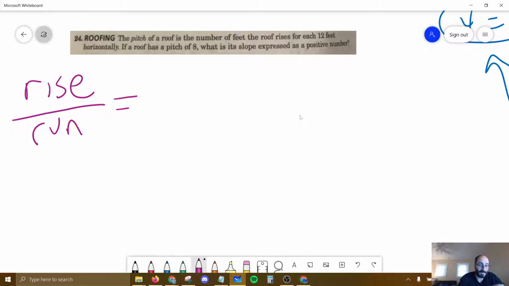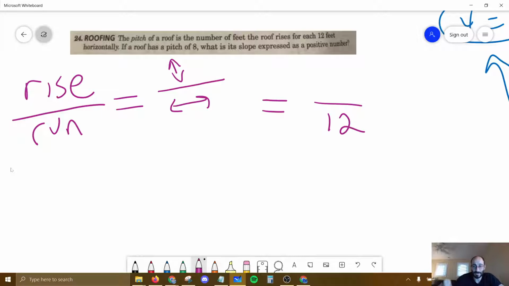Rise means up and down. Run is left and right. So the pitch of a roof is the number of feet the roof rises for each 12 feet horizontally. Well, horizontal is left and right, so that means your denominator is going to be 12. If a roof has a pitch of 8, what is its slope expressed as a positive number?